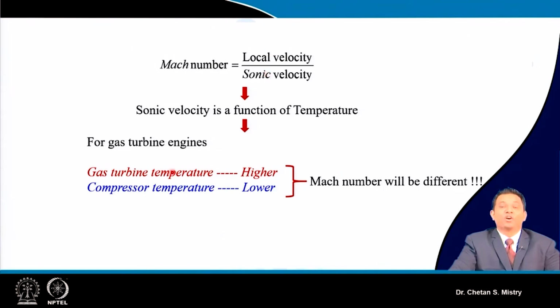For the turbine, since the temperature is higher, the Mach number will be lower. For the compressor at the entry, the temperature may be low, and if the temperature is lower, the Mach number is higher. That means the flow is transonic or supersonic. For the turbine, the flow is subsonic.